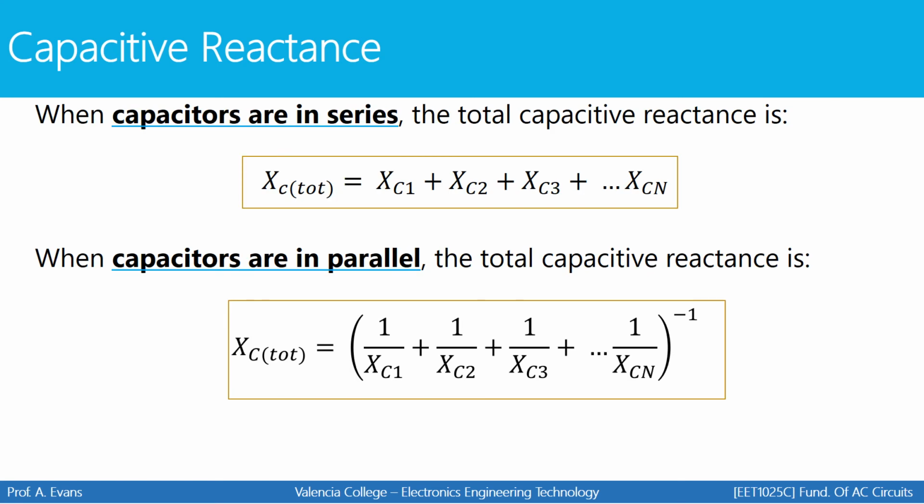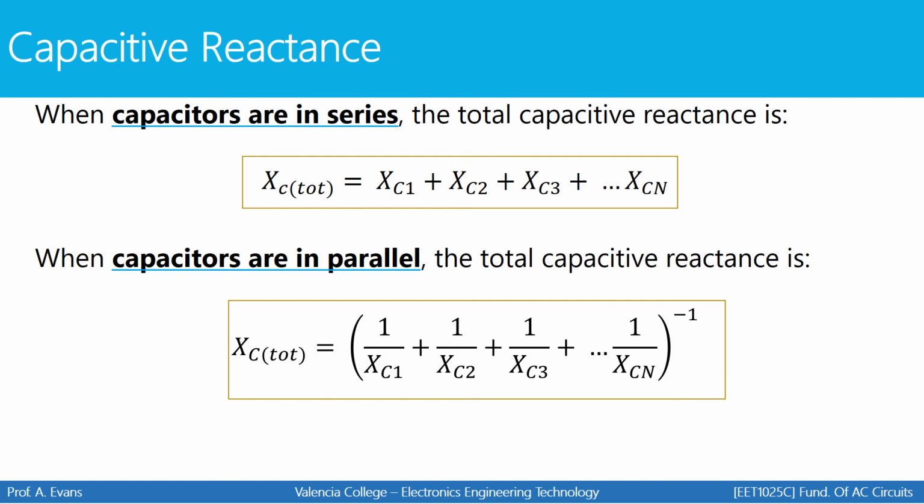So when capacitors are in series, the total capacitive reactance is going to be the sum of each individual capacitive reactance. Earlier we discussed that when capacitors are in series, we can combine each capacitor by treating them the same way we would treat parallel resistors.